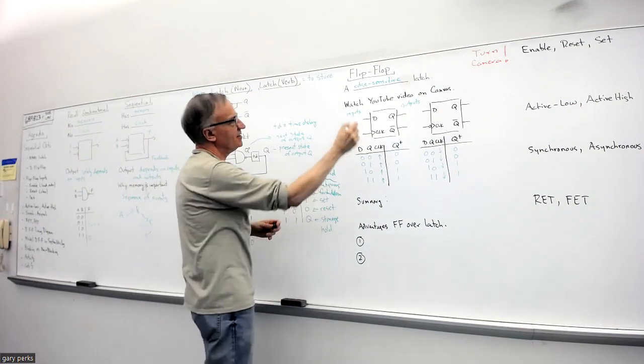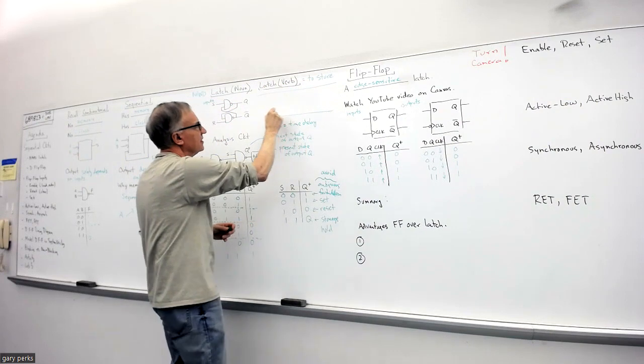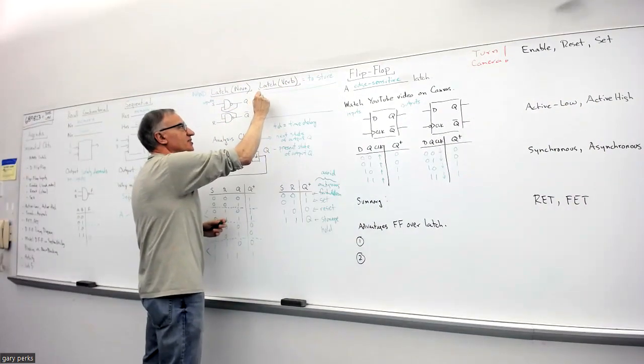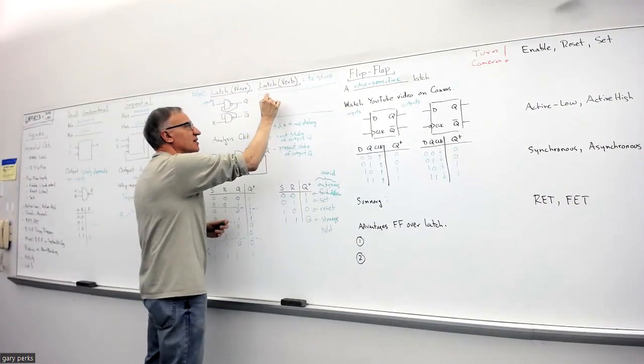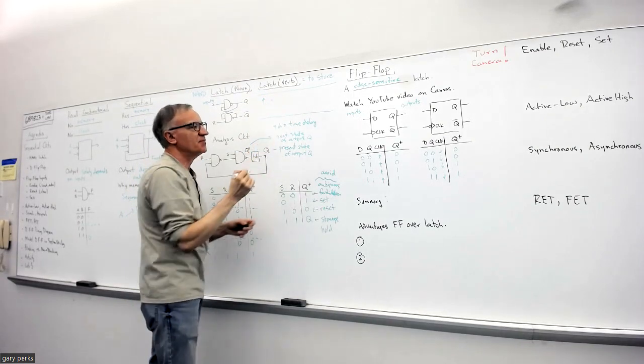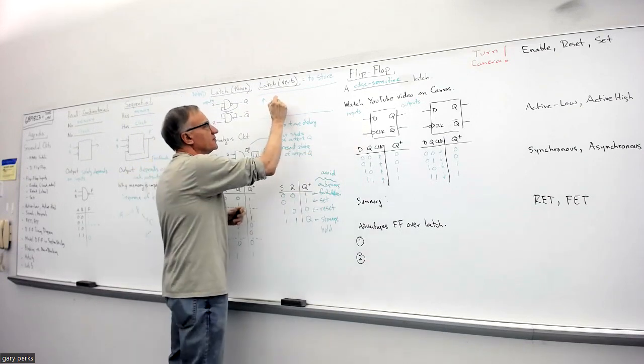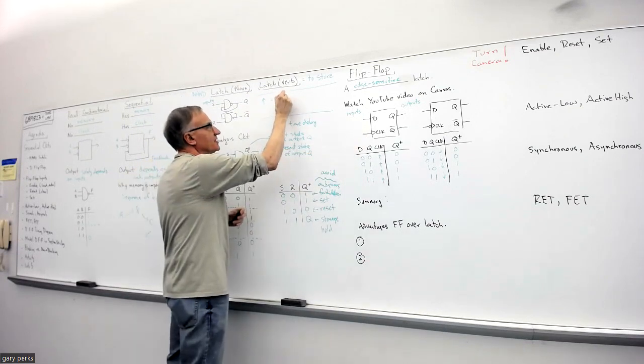All right, so I'm coming over here. What the upward arrow means is it's referring to the time that the signal, the square wave on the clock input, goes from a 0 to a 1.